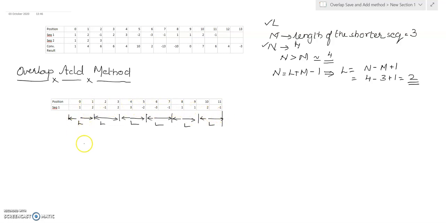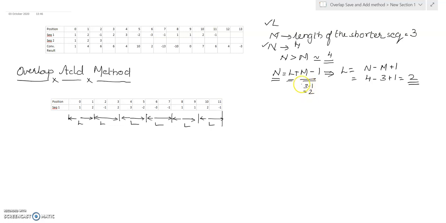What I ultimately need to do is create a sequence of length N out of these components. A sequence of length N will contain two components, one of length L and the other of length M minus 1, which is equal to 3 minus 1, equal to 2.